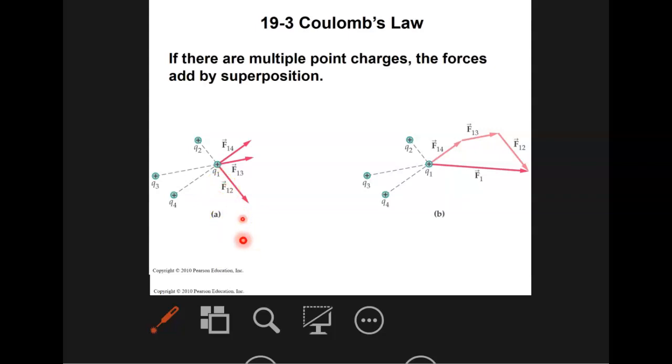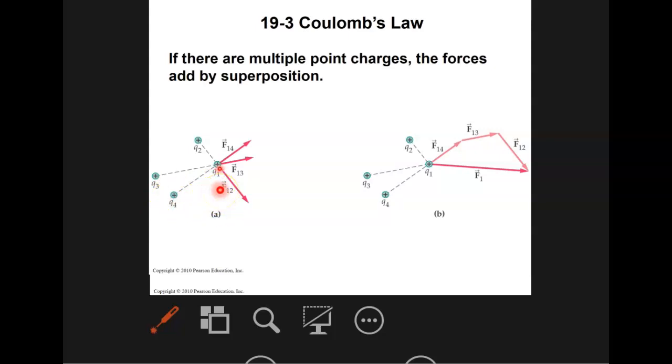This is how you would find out the total force on charge 1. You would have, is this a plus and a plus? So you would have the force from charge 2 on charge 1, and that's the arrow showing this one. You have charge 3 with charge 1, and those are 2 positives. So again, they're going to repel.